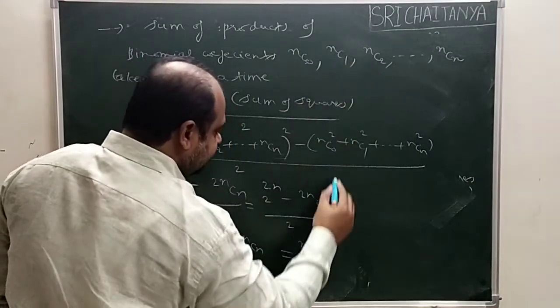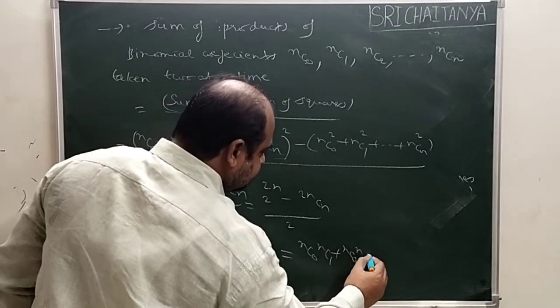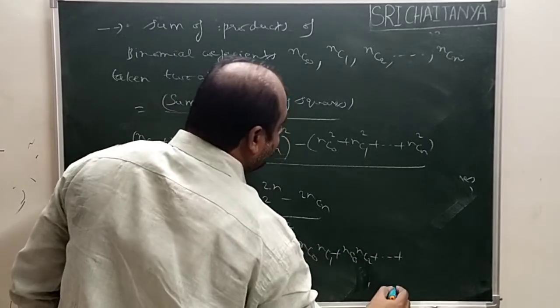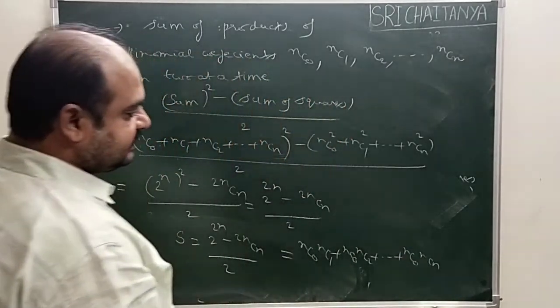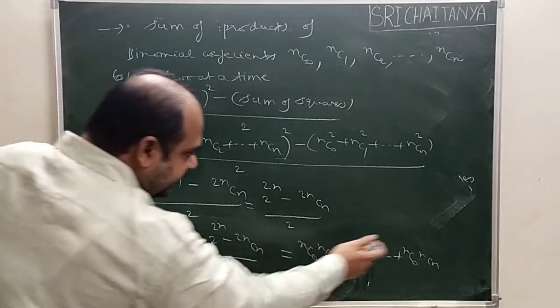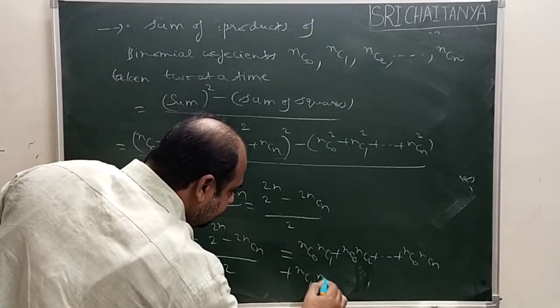Taken 2 at a time means nC0 into nC1, nC0 into nC2 and so on, nC0 into nCn, all possibilities, plus nC1 into nC2.